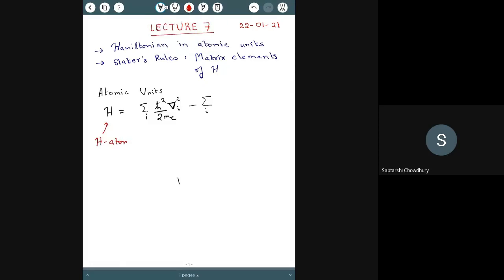Then I can delete the sum over i, since it is only one electron, and I only have one nucleus-electron interaction term, that is e squared by r.